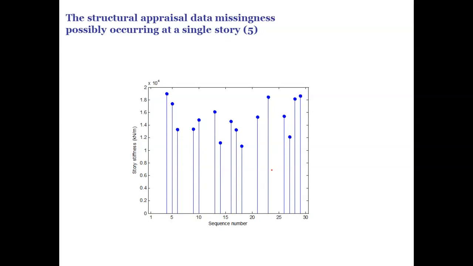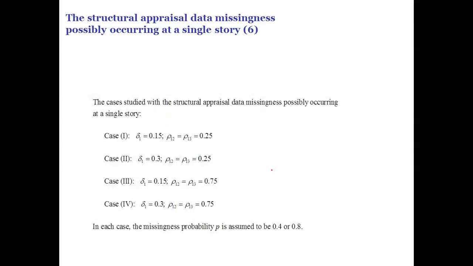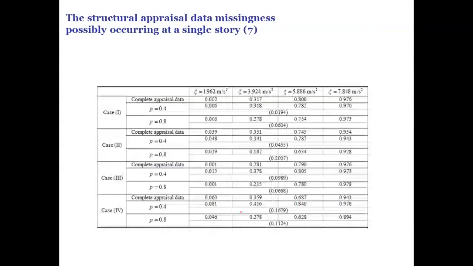With this set of incomplete appraisal data, we consider different scenarios with different parameter setups. I won't go into the details of those parameter setups. At the end of the study, we get this kind of result. Based on the complete appraisal data, these are the results of the damage prognosis.